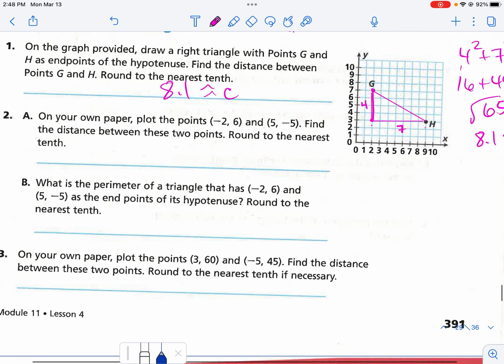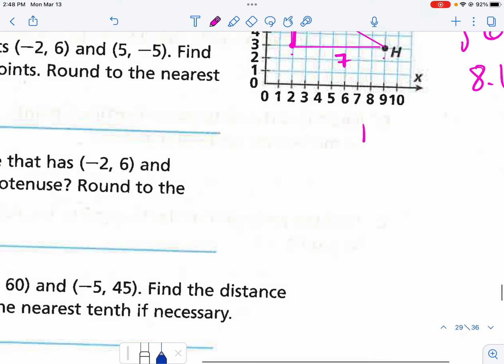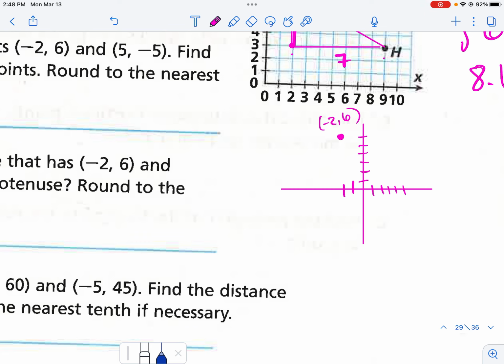Okay, on your own piece of paper, -2, 6. So -2, 1, 2, 3, 4, 5, 6. And 5, 1, 2, 3, 4, 5, and down 1, 2, 3, 4, 5. So here.